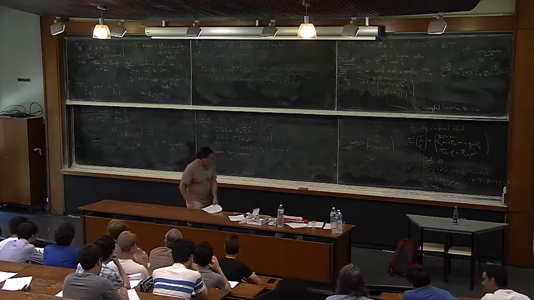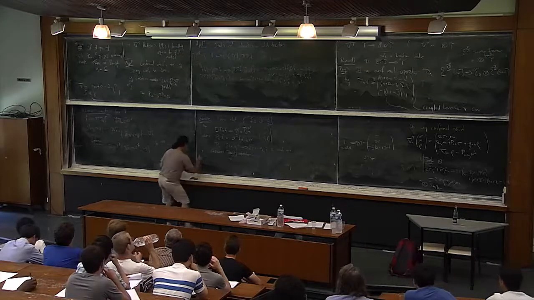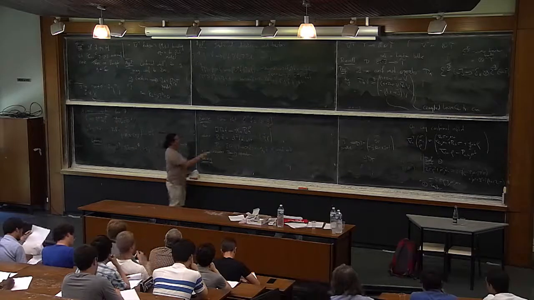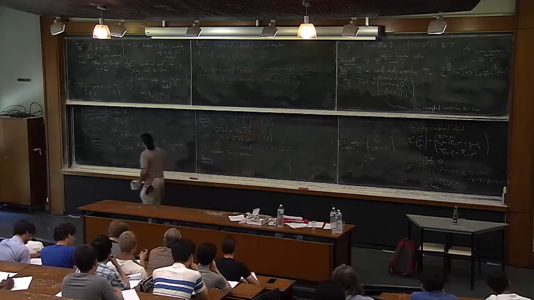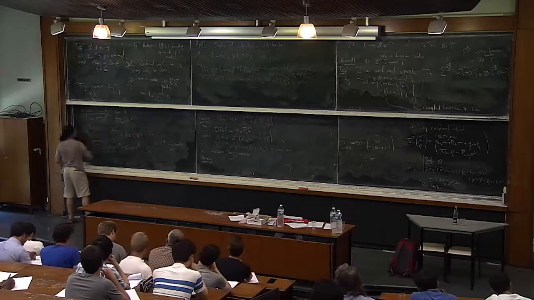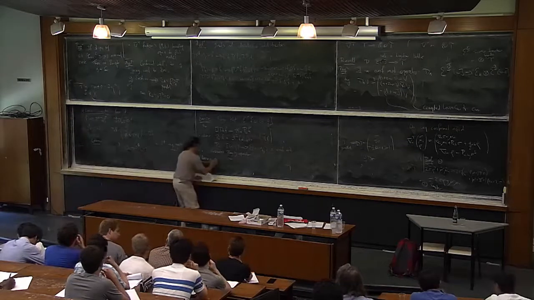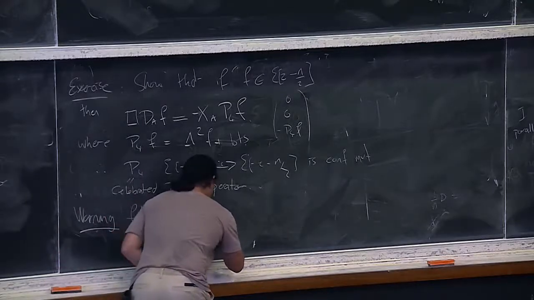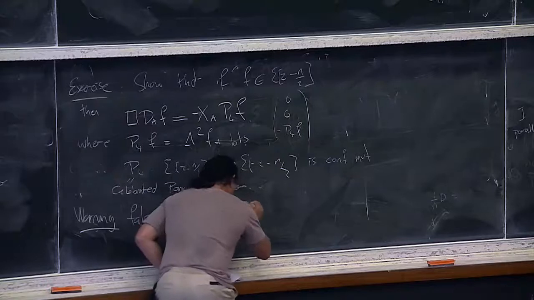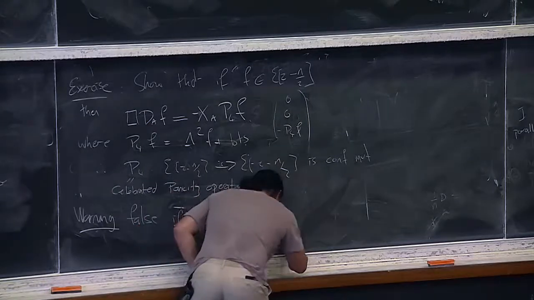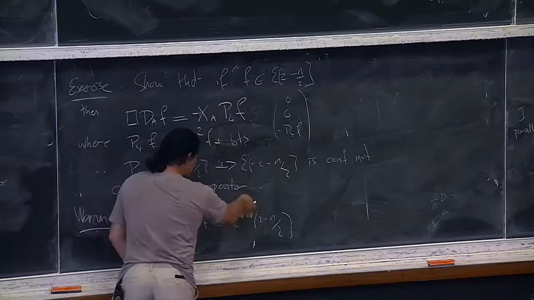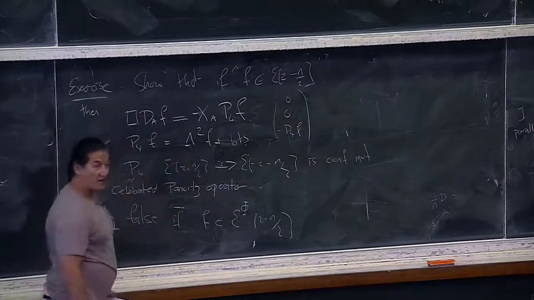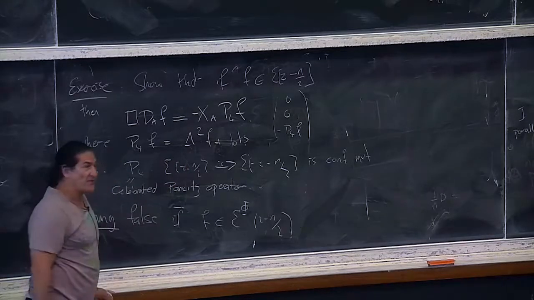Okay, so now, a little warning. I said this was a density. Over here I said this works for any tractor. So this is false if instead F is in here. So it works if this is just densities of that weight, and you don't get this result if it has tractor indices.